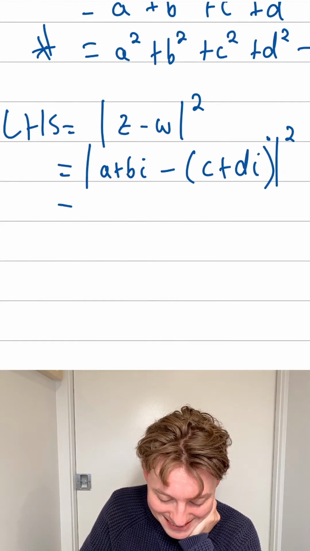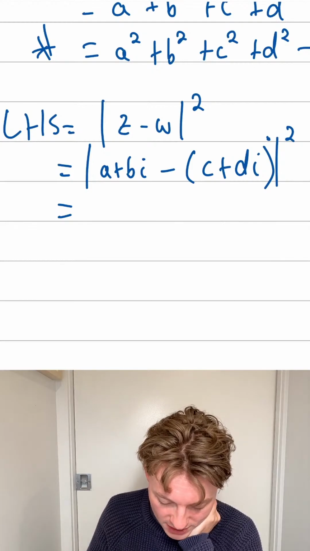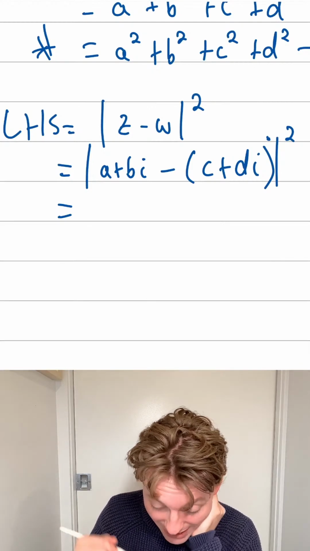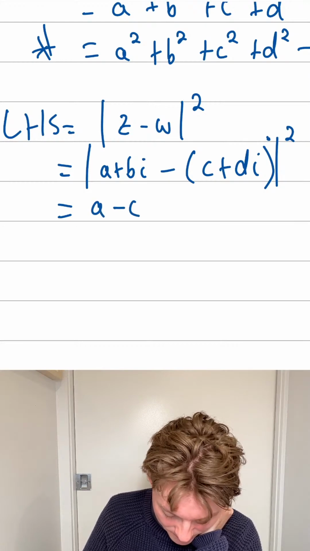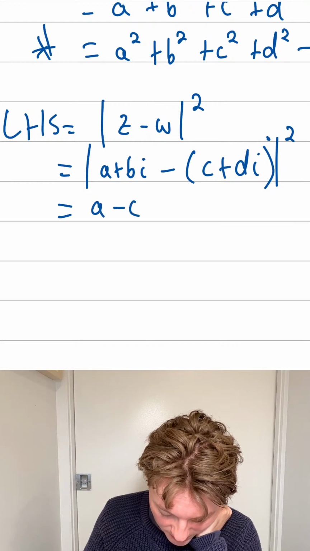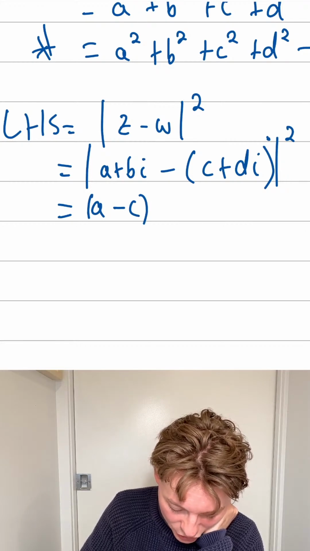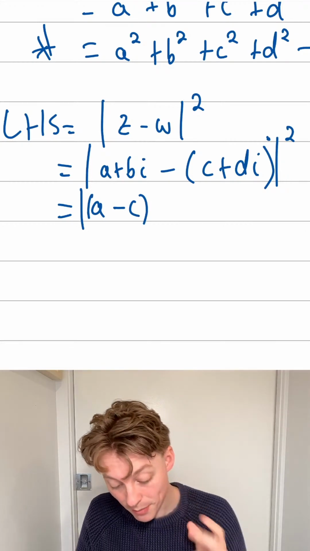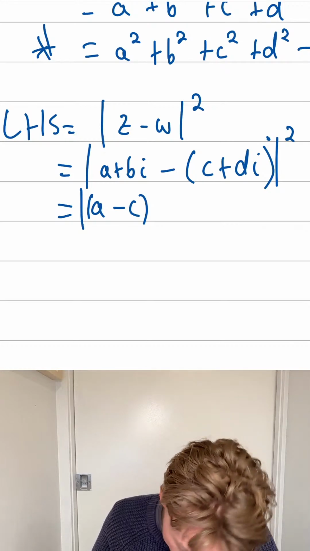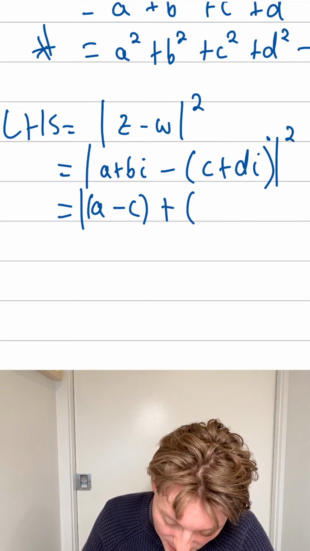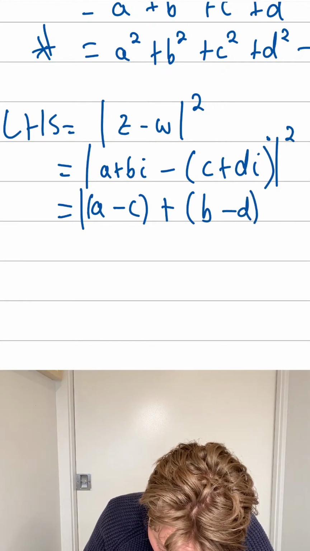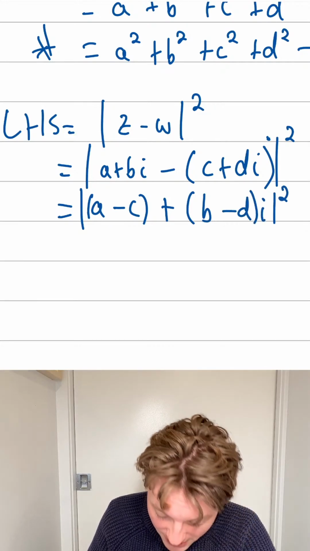If I collect, expand, all that normal stuff, my real part is going to be A minus C. My imaginary part is going to be B minus D, all outside of I, and that's all squared.